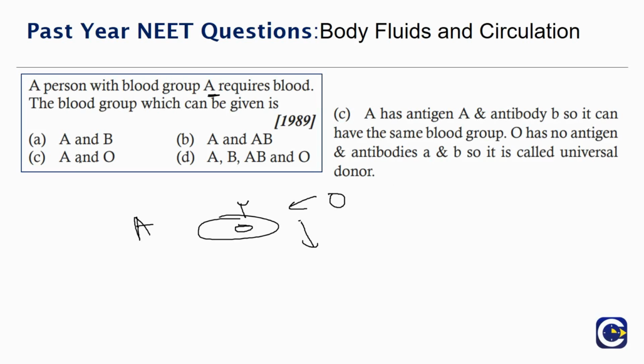So with regard to the options, the answer is A and O blood groups. A has antigen A and antibody B, so it can have the same blood group. O has no antigen and has antibodies A and B, so it is called the universal donor.